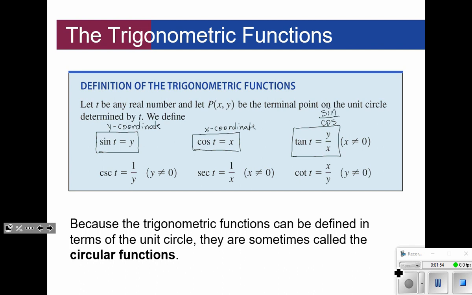So now let's talk about, I hate to say the inverse, the reciprocal functions. Okay, cosecant is the reciprocal of the sine function. So literally, if you are trying to find the cosecant of something, you will notice on your Casio calculator there is no cosecant button.